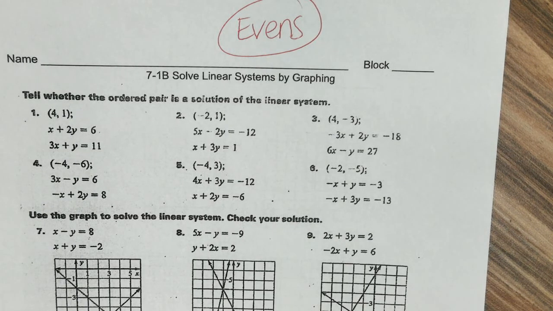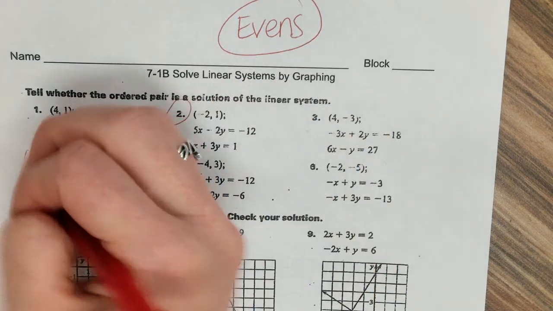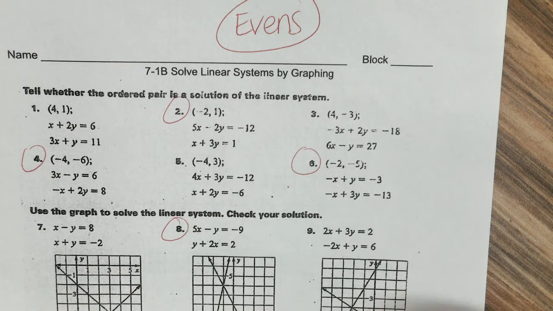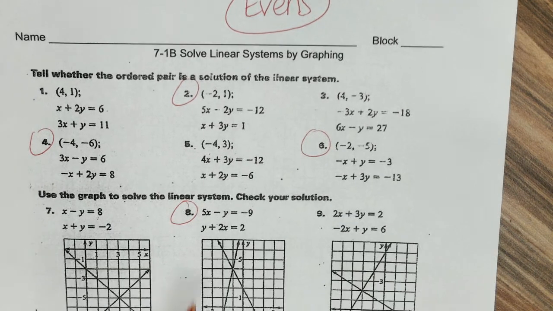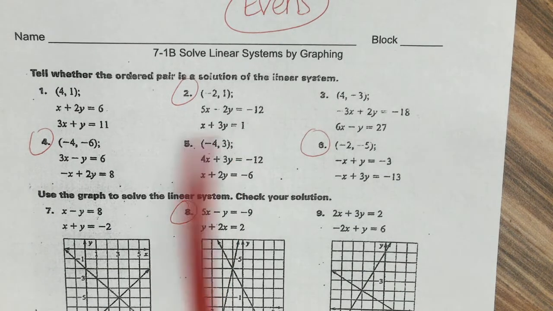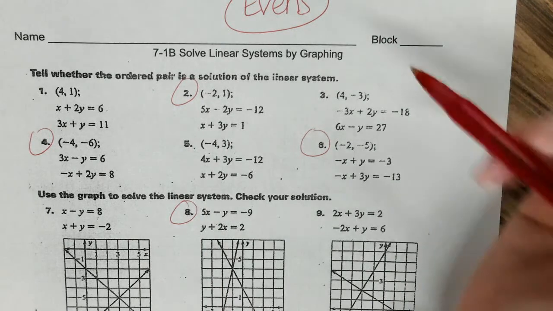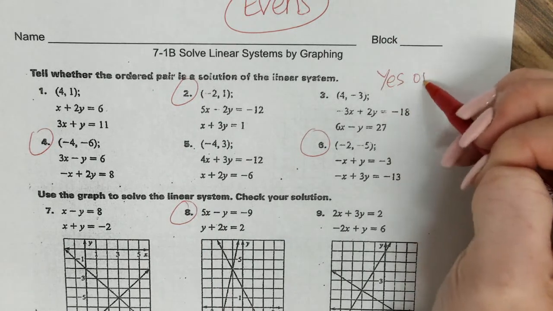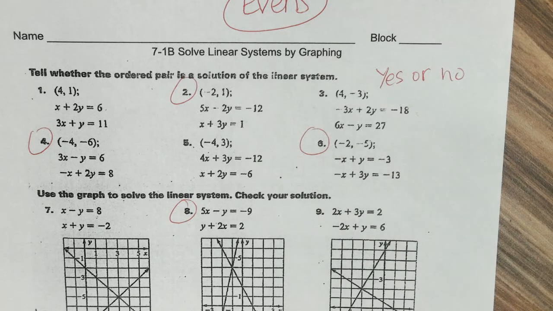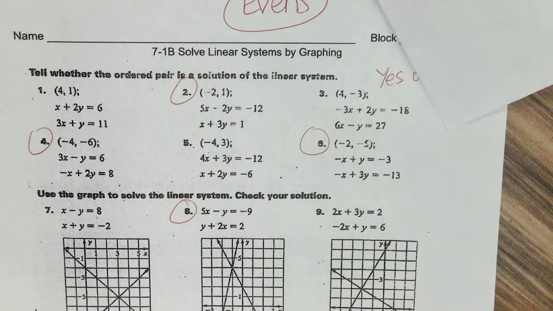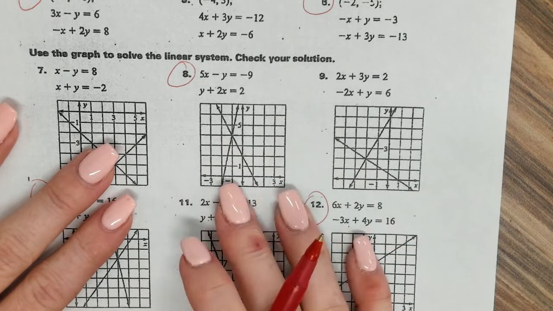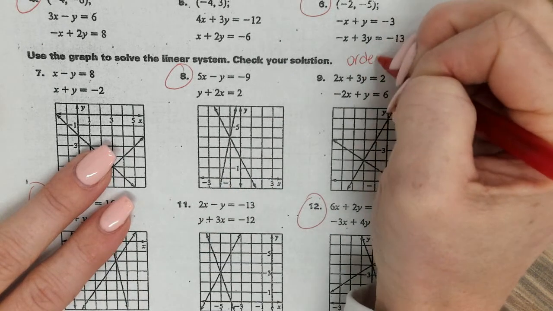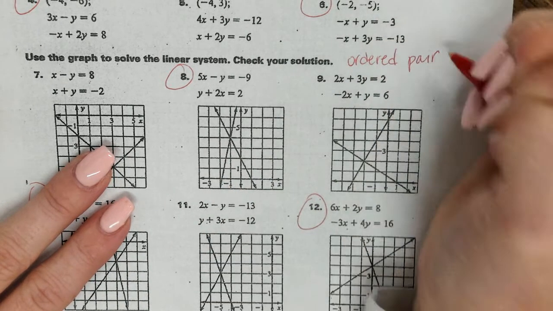Okay, you're only going to do the evens. So 2, 4, 6, 8, and so forth. Now, what I'm going to tell you is the top part is just like yesterday. Your answer will be yes or no. But when you get to this section, your answer needs to be an ordered pair.